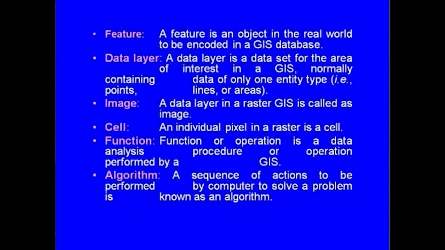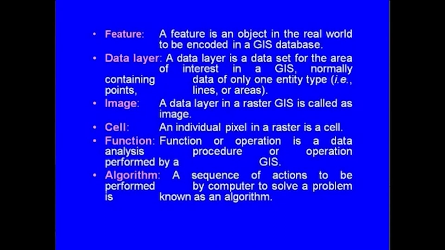Feature. A feature is an object in the real world to be encoded in a GIS database. Data layer. A data layer is a data set for the area of interest in a GIS, normally containing data of only one entity, that is points, lines or areas. Image.